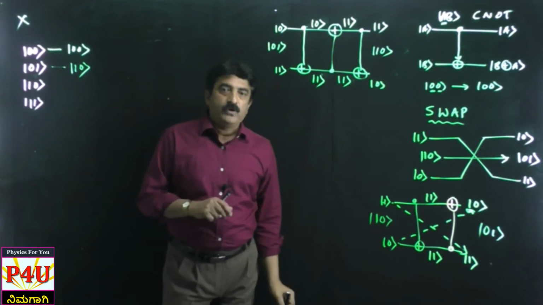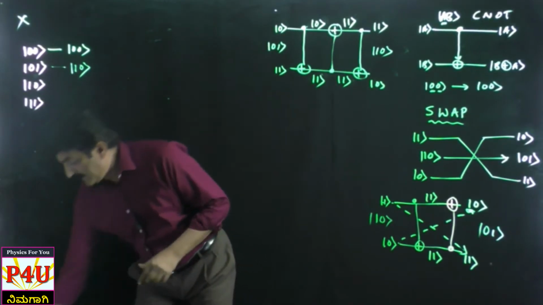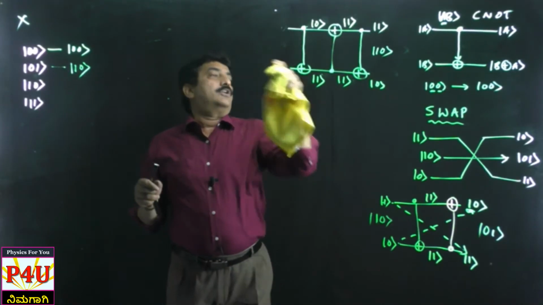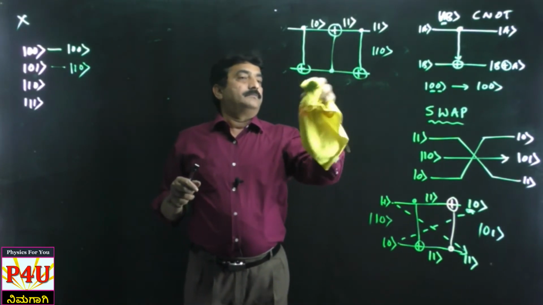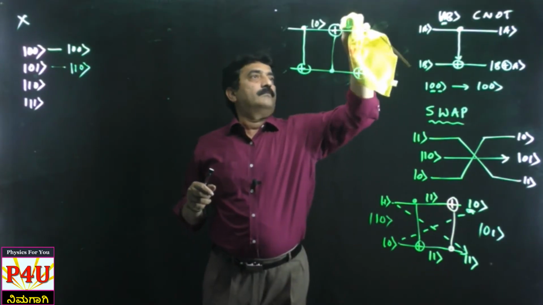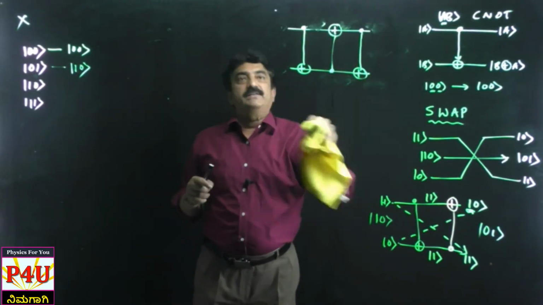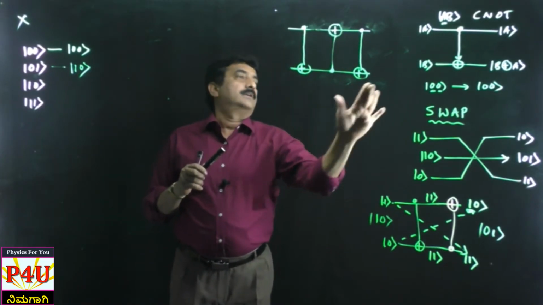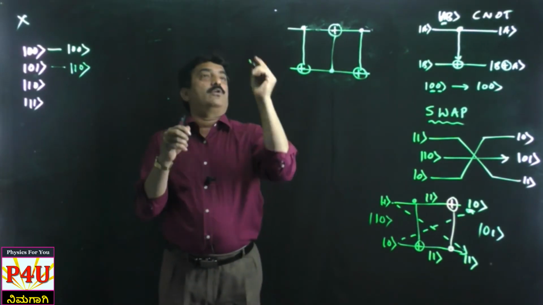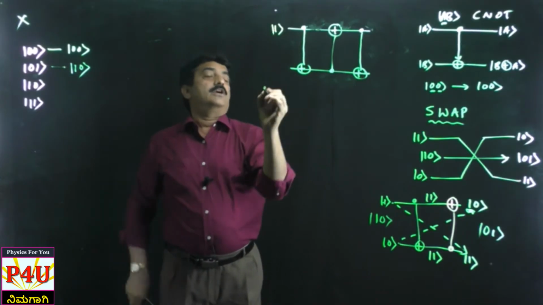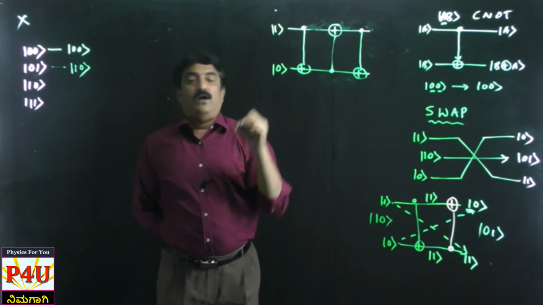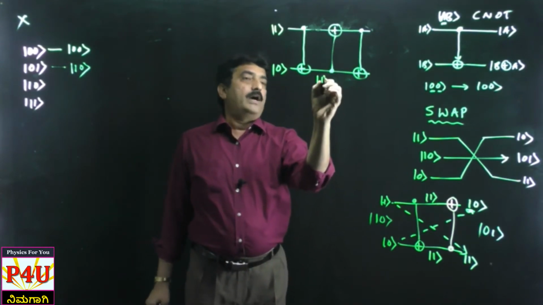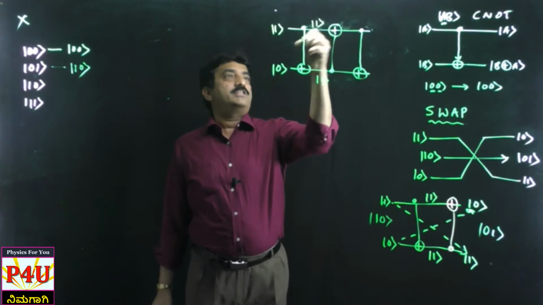Did you understand? Okay, now try another one. So change the states. The third state is 1 0. 1 is in the control level, 0 is in the target level. 1 certainly will act on 0, 0 becomes 1 and 1 comes out without any change.